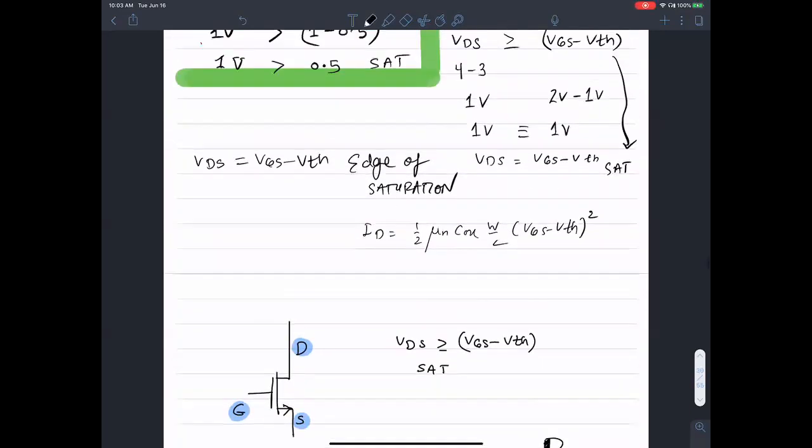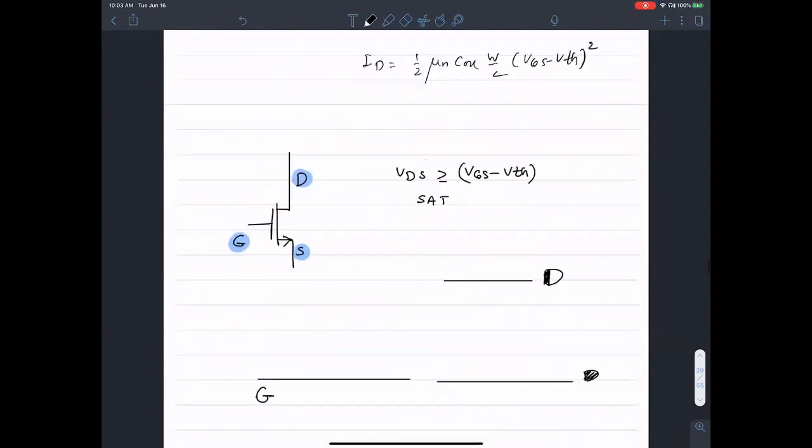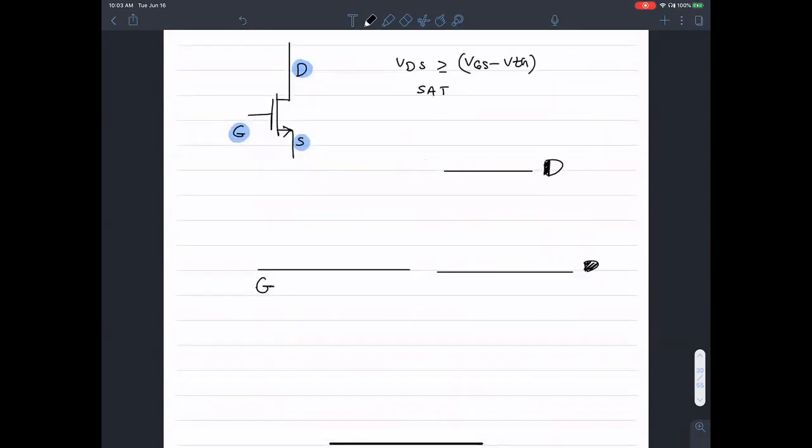Did we see that in the last class? If the drain is equal to the gate voltage, that's still in saturation. The drain can fall below the gate voltage by one threshold voltage and still be in saturation.